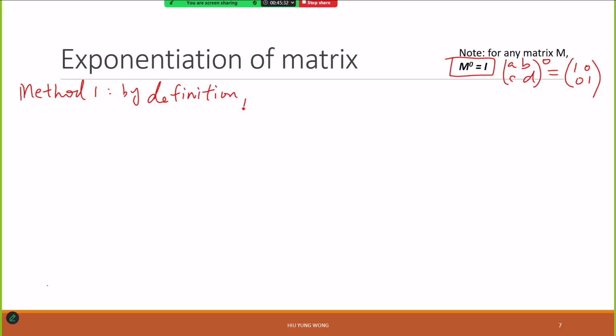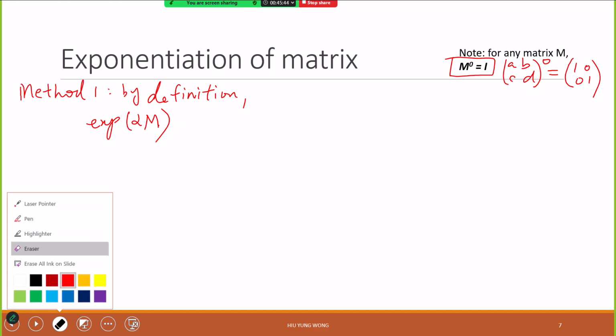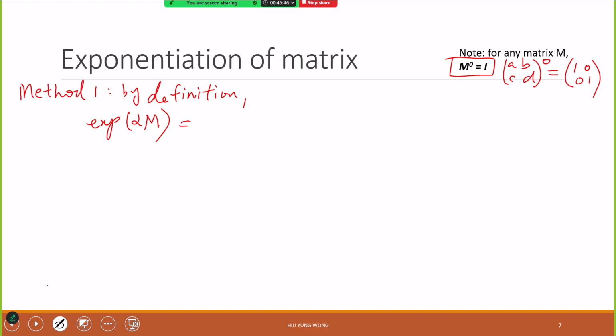So the exponential of a number alpha times the matrix M equals, you might have forgotten, but just take it for granted, the summation from n equals 0 to infinity of 1 over n factorial, alpha M to the power n.